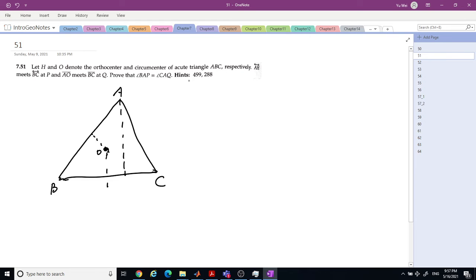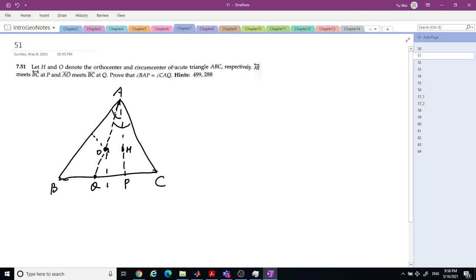So AH meets BC at P. Then AO meets BC at Q. We want to prove that angle BAP is equal to angle CAQ.